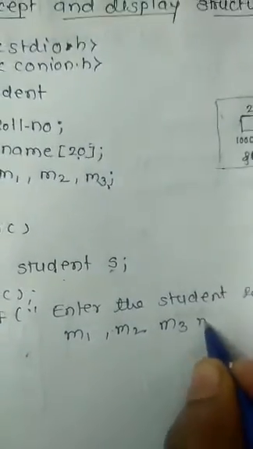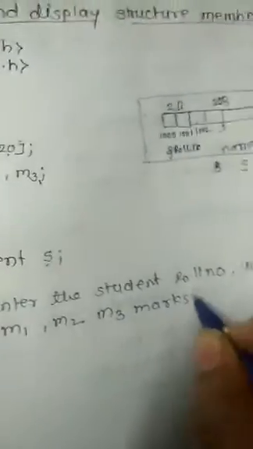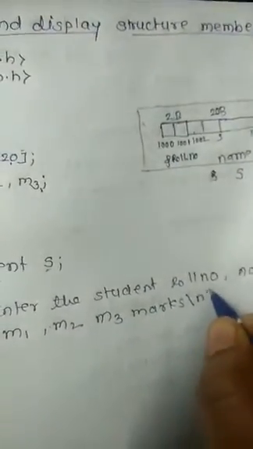This is the message to the user, and \n is here for the new line. This message is for the user to enter the data in this sequence only.